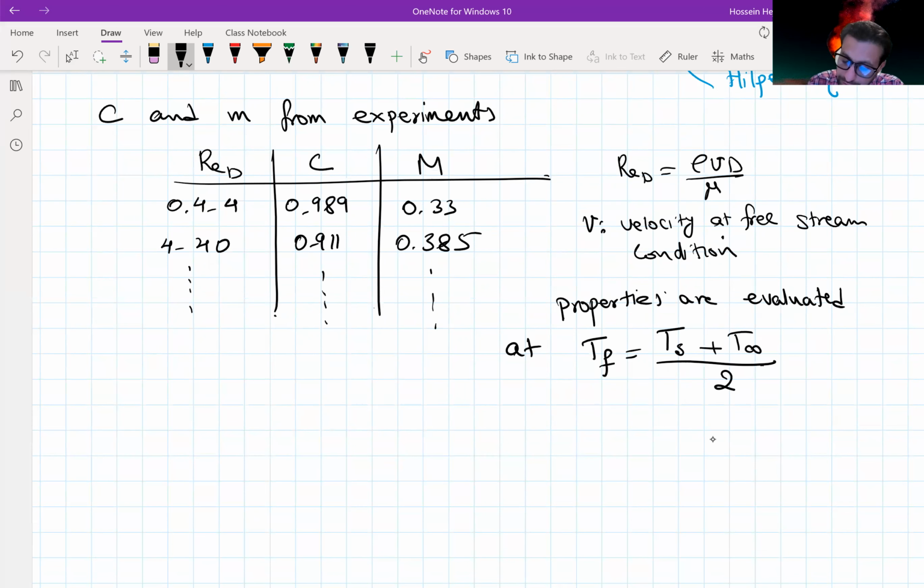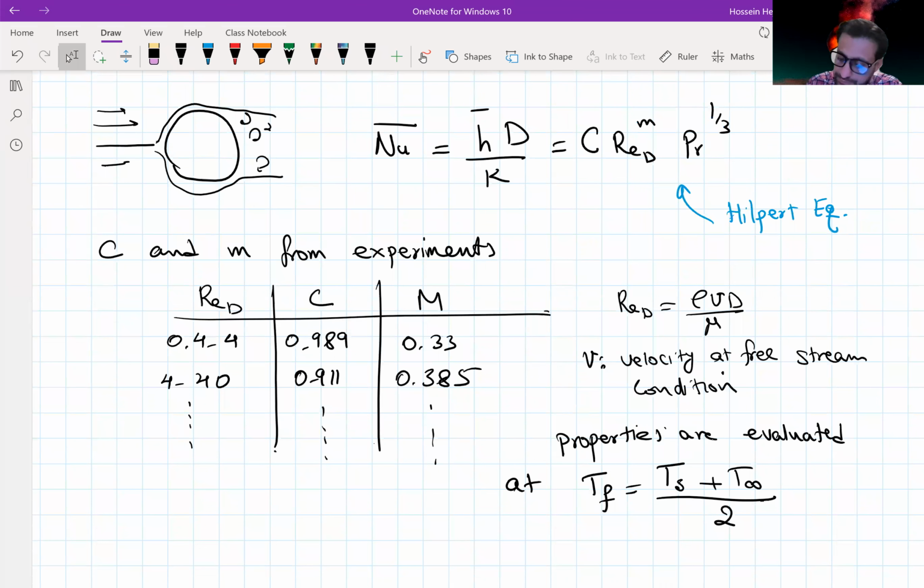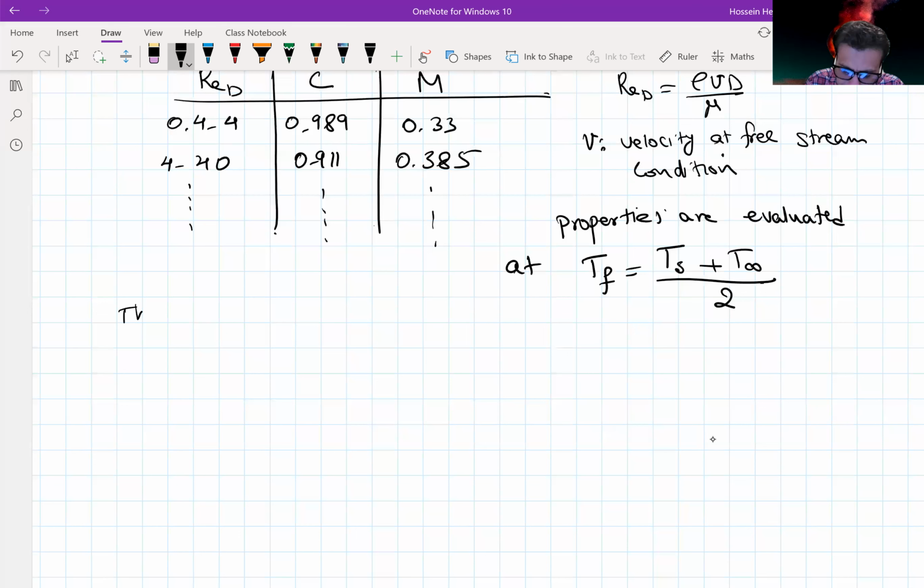So this is one of the correlations, the Hilpert equation. There are other correlations that you can find in the text.